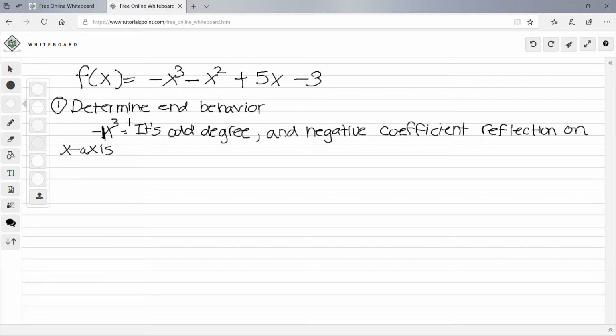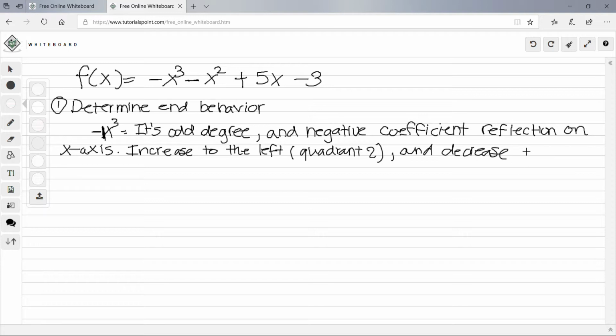So the end behavior is it's going to increase to the left, or quadrant 2, and decrease to the right, or quadrant 4. So it's going to look something like this.